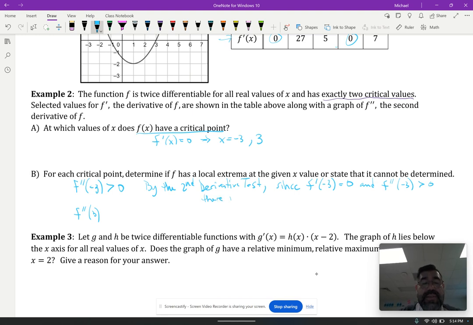There is a relative minimum of f at x equals -3.